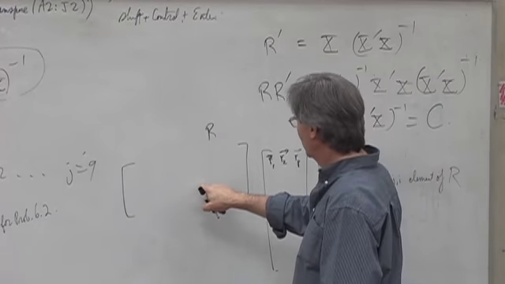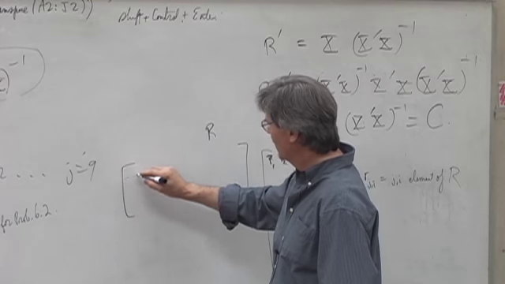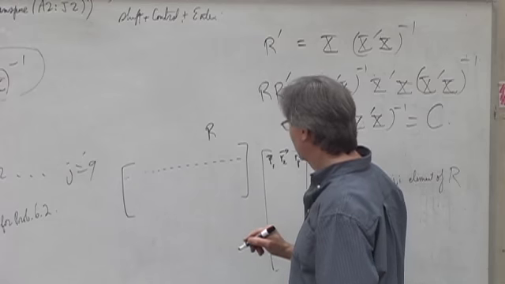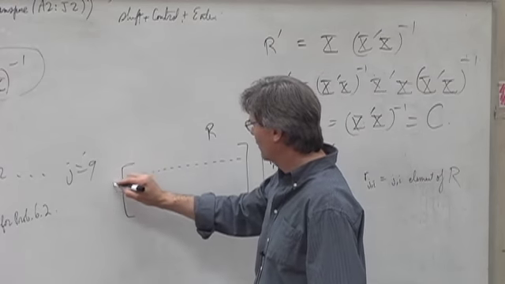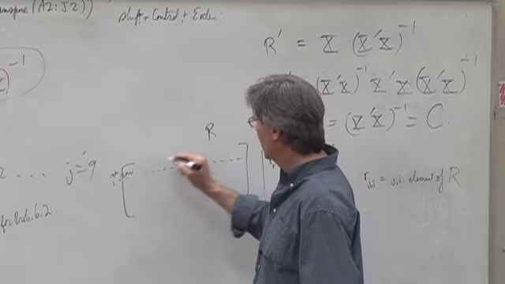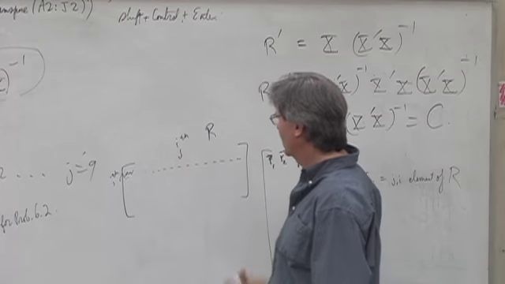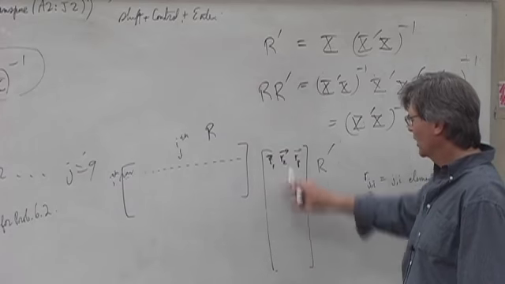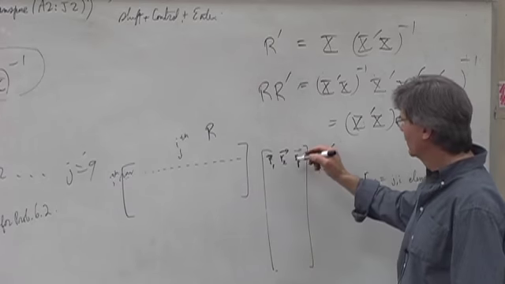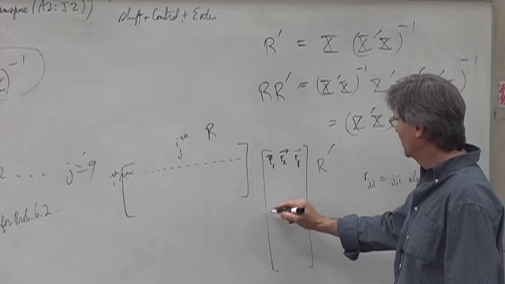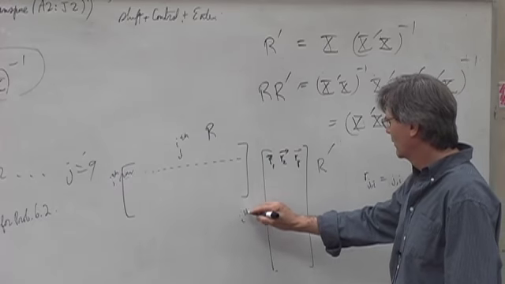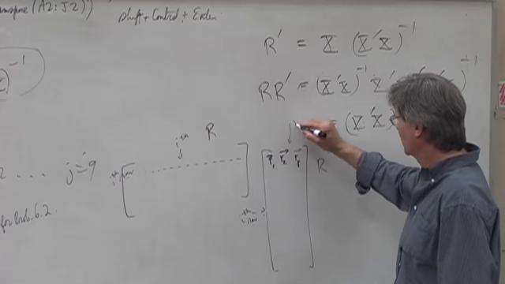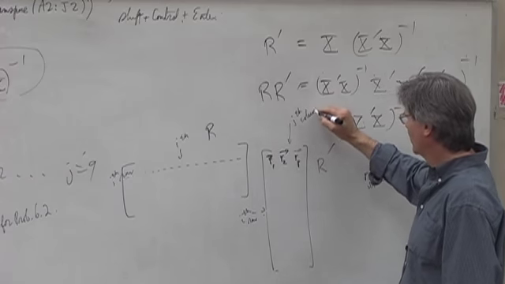Okay, which means this is the jth row in the ith column of this matrix, which corresponds to the ith row and jth column of the R prime matrix.